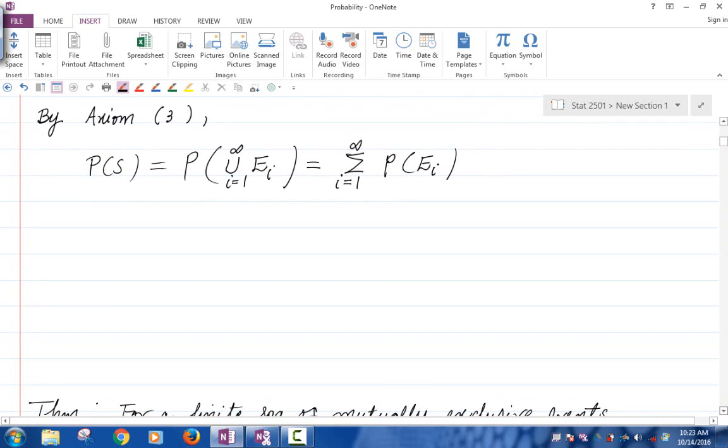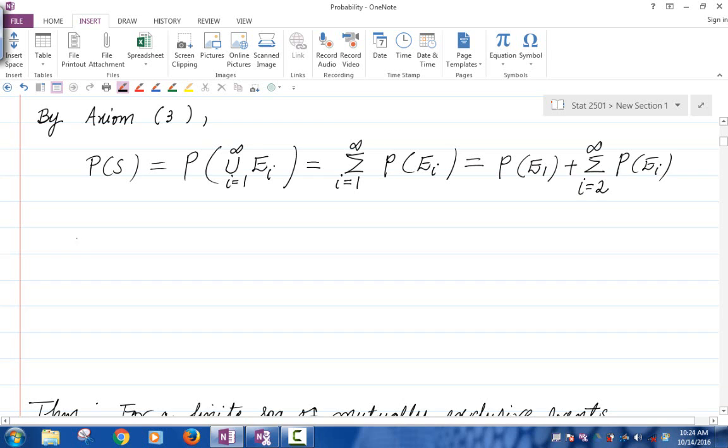Are we okay so far? Okay, now this summation, I'm going to write it as the probability of E1 plus the summation i going from 2 to infinity of the probability of Ei.